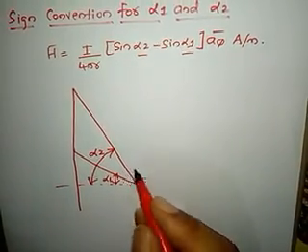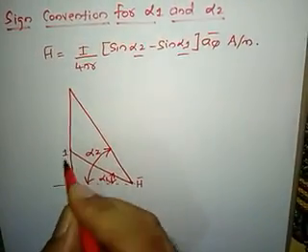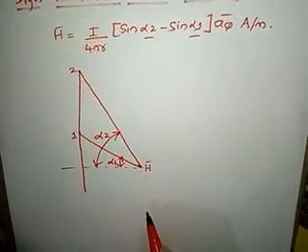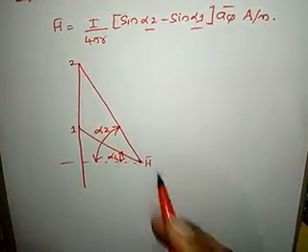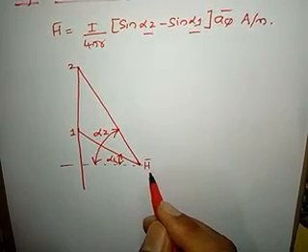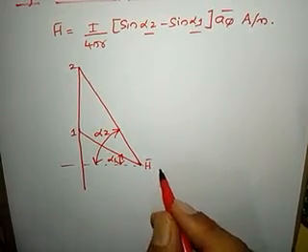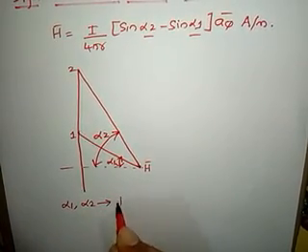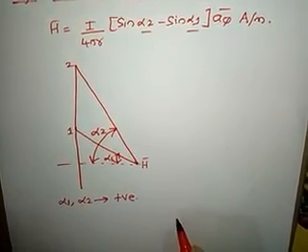So here the conductor is in between 1 to 2. This is the current carrying conductor 1 to 2. The current carrying conductor is above the point of magnetic field intensity, so alpha 1 and alpha 2 both are positive in this case.